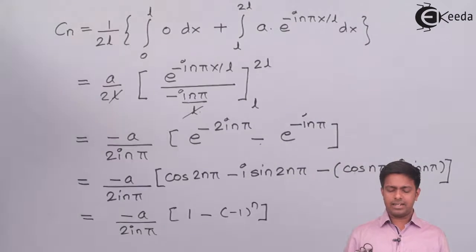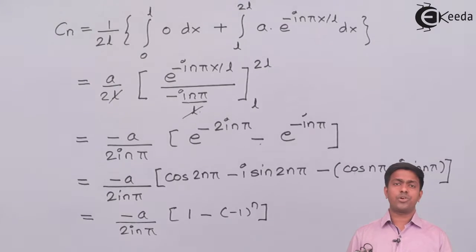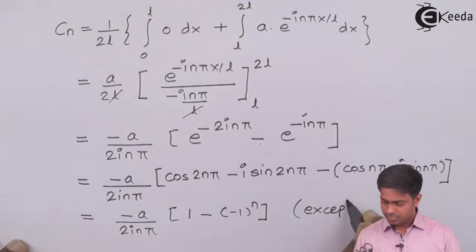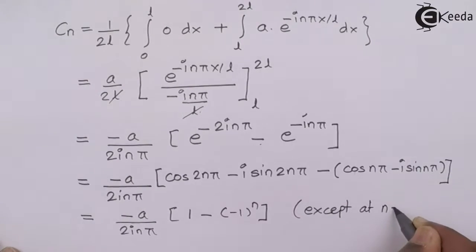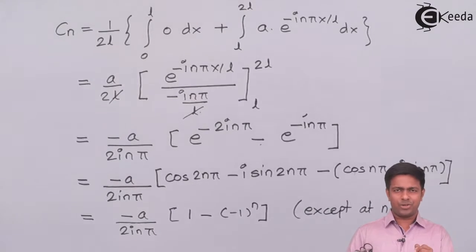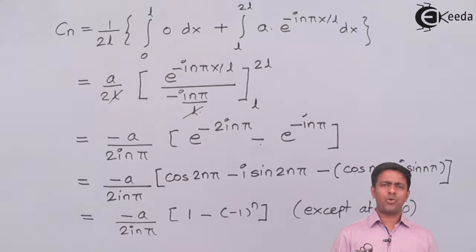So I can say that this value is acceptable for all other values of n except at n equal to 0. So here in the bracket I'll say except at n equal to 0. So it clearly indicates that we are accepting this value of Cn for all values of n except n equal to 0. So at n equal to 0 we have to find out the value of Cn, and that value must be finite. Now the question is how to find out that value.